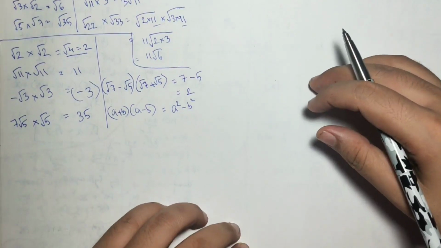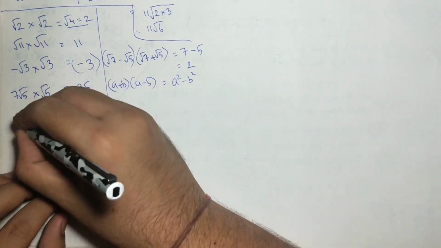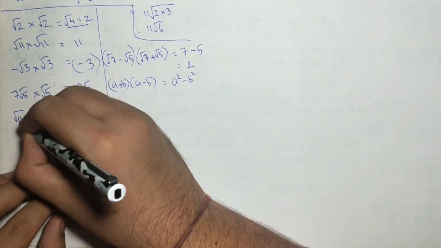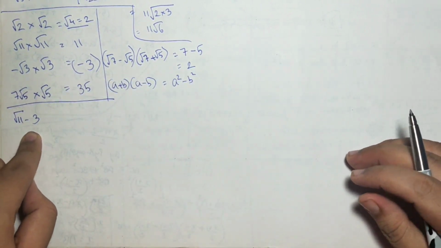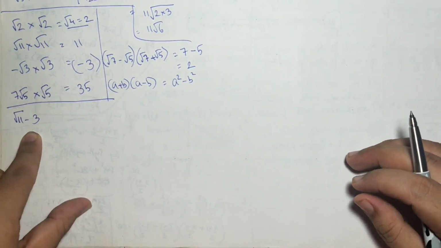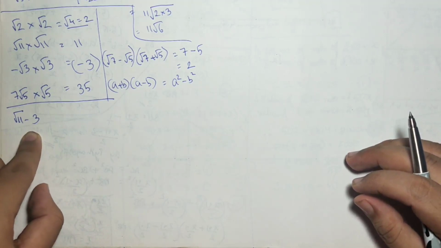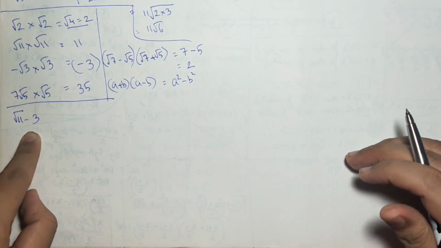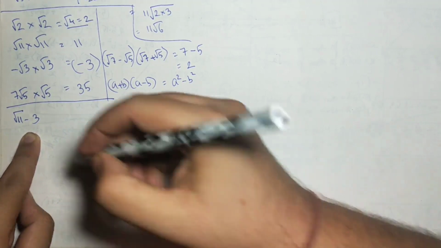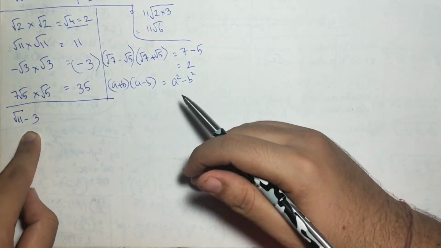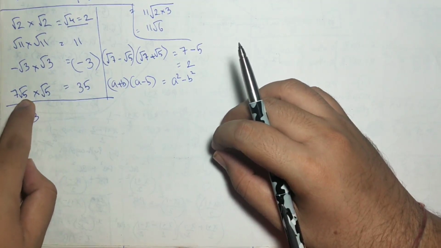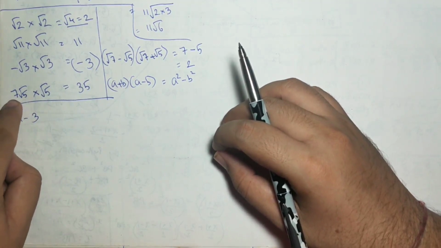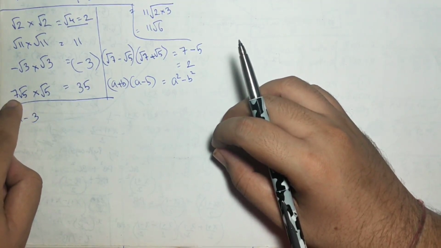Now let us take one more example. Root 11 minus 3. Root 11 minus 3 doesn't mean that you multiply with root 11 and your answer will come out to be rational. It's a binomial. See, 7 root 5 was a monomial and we didn't consider 7 because it was getting multiplied.